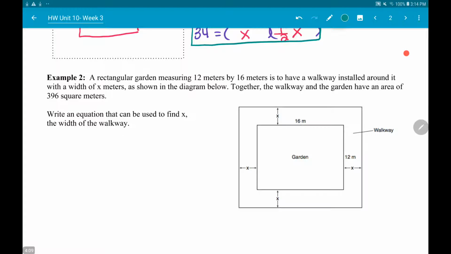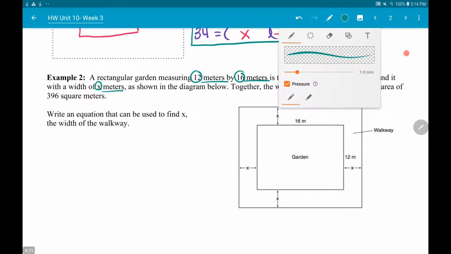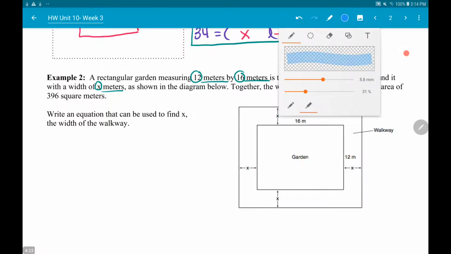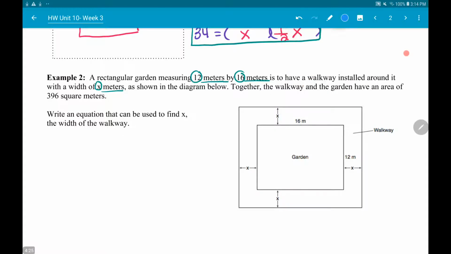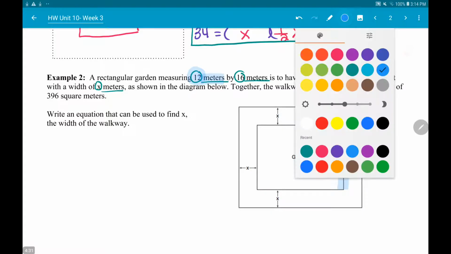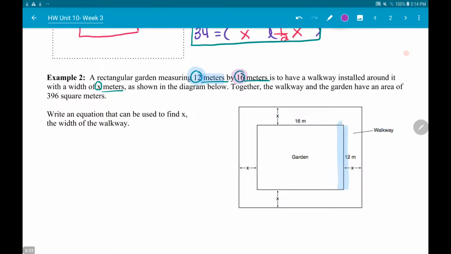All right, let's take a look at this next one. A rectangular garden measures 12 meters by 16 meters, and it's to have a walkway installed around it with a width of x. They show us a diagram, so let's review this diagram before we continue. 12 meters is right here. 16 meters is the other side of the garden.